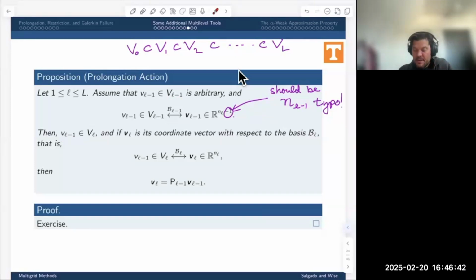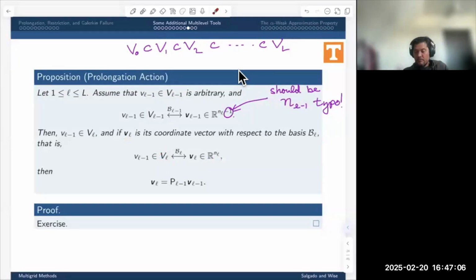And now suppose that VL, boldface vector, is its coordinate vector with respect to the basis BL. In other words, it's connected to this function via that basis, where we're viewing this as a function in VL.